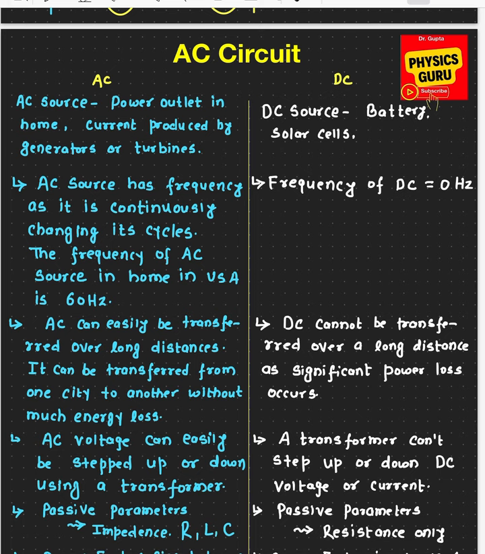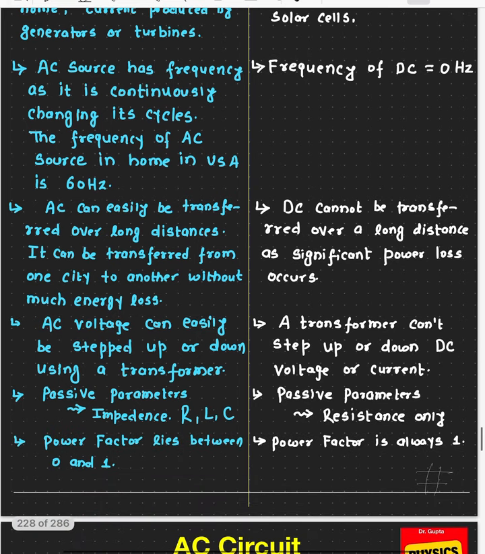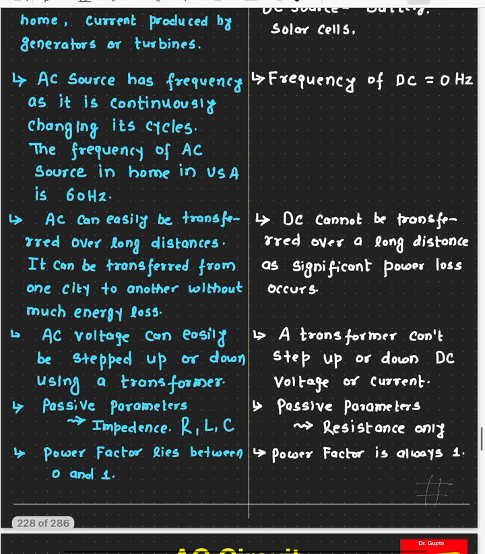We'll talk about more. Now, another significant difference between AC and DC is that AC can easily be transferred over a long distance. For example, AC can be transferred from California, if there is a power plant, to Texas.